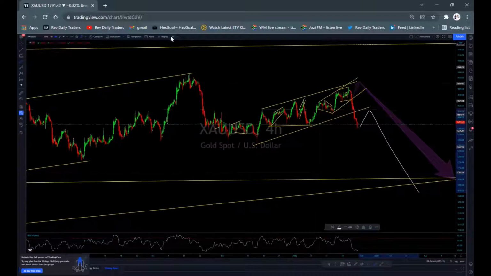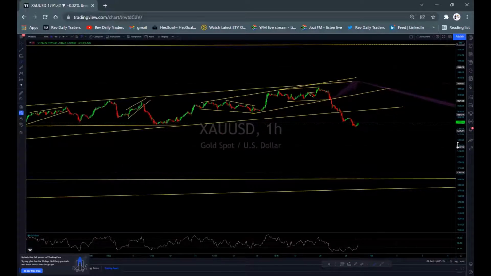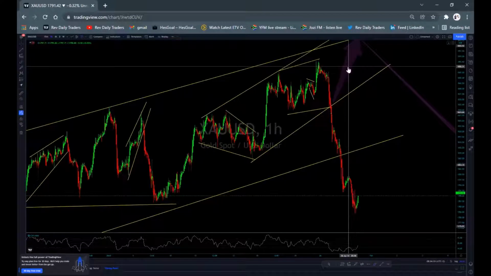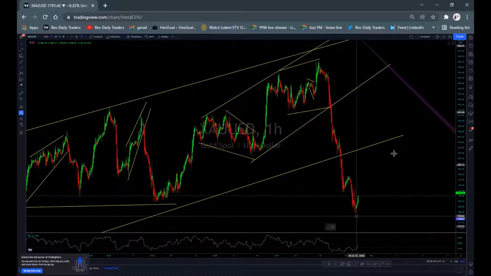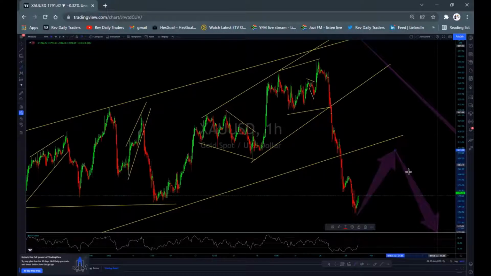So on lower time frame, where you're going to look for your trade, 1 hour to 15 minutes, guys. Let me remove these ones. You'll watch a pullback, then you can look for a drop here.